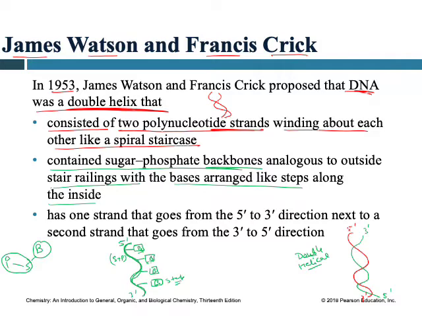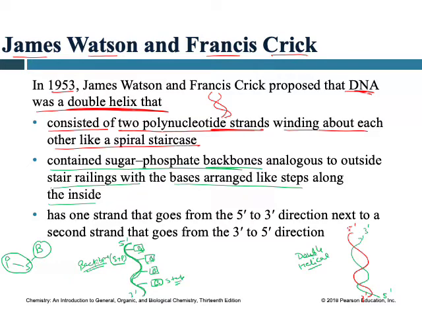So always remember this: in the DNA double helical structure, the backbone is formed by sugar and phosphate. Backbone, right? And the bases are present or coming out from the polynucleotide chain. So what does it mean? It looks something like this.